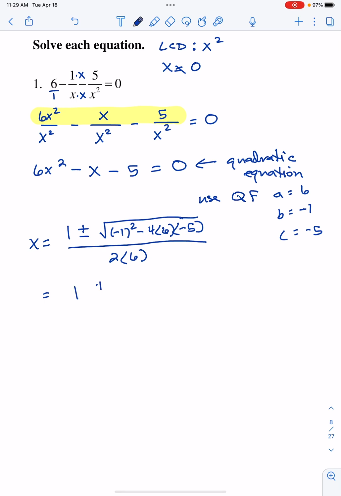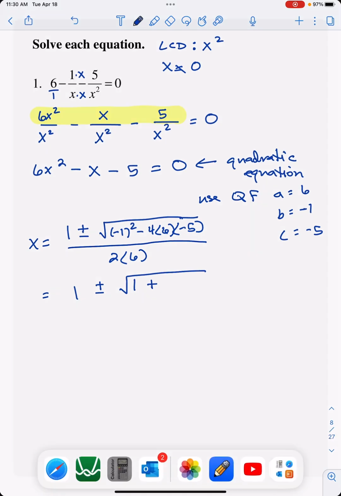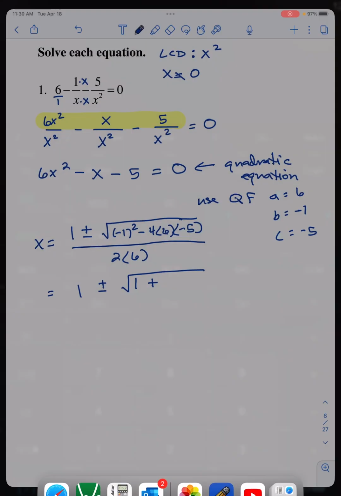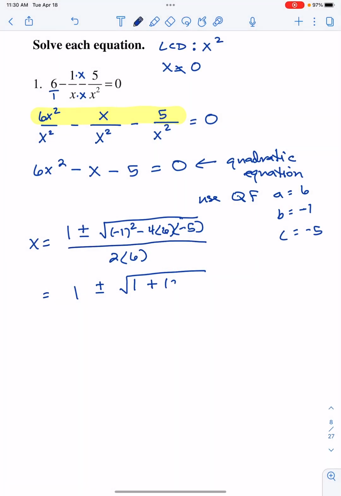So we get 1 plus or minus negative 1 squared is 1. A negative to a negative is a positive. 4 times 6 times 5, well, just break out your calculator, is 120. Over 12.